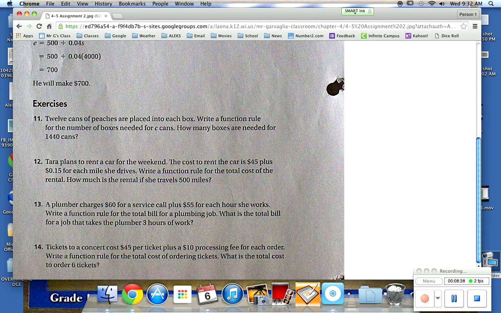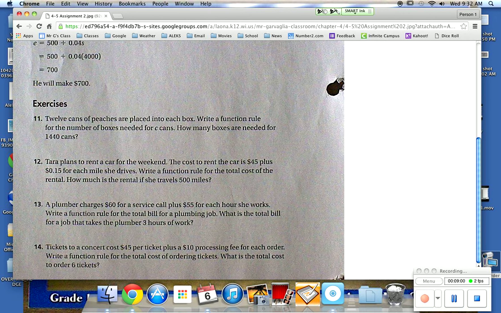All right, number 1. 12 cans of peaches are placed into a box. Write the function rule for the number of boxes needed for C cans. How many boxes are needed for 1,440 cans?